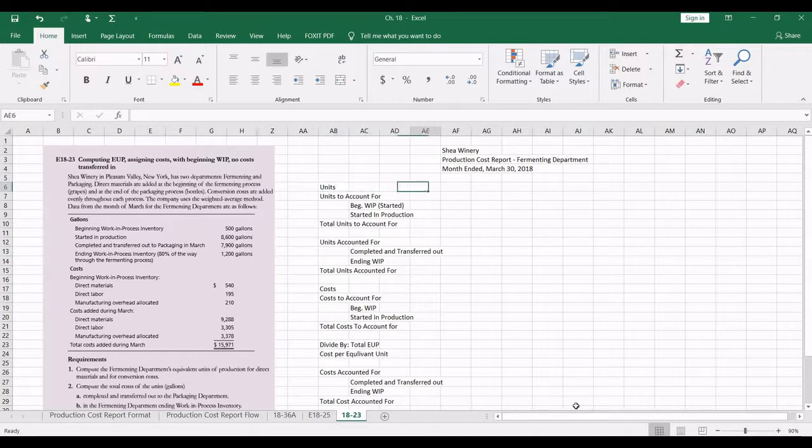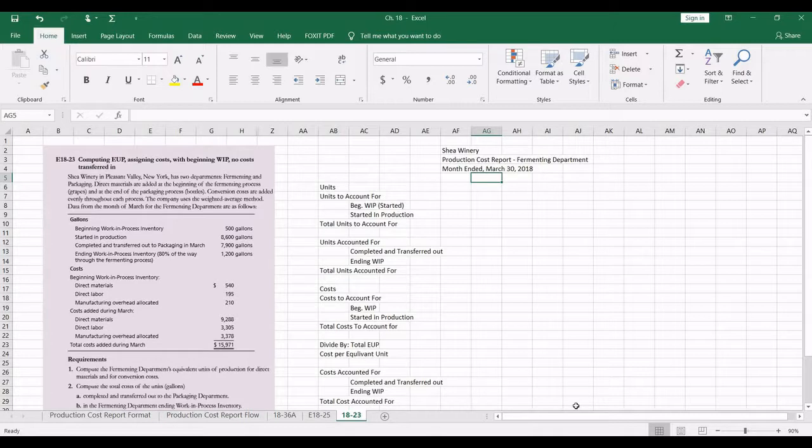So now let's do the columns. Okay, we know this is a 5, in its fullest form, it's a 5-column worksheet. I'm going to go ahead and fill it out that way because that's the way the model is, and it'll make for easier comparison. But as I'm sure you guys remember, the transferred in costs are 0, so we're going to have zeros for all of the values in the transferred in columns.